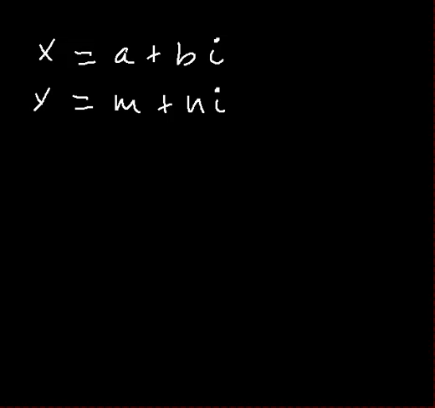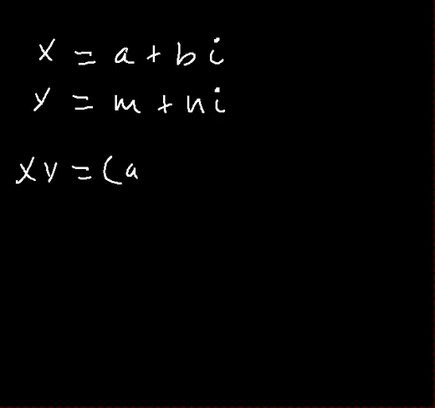Let's say we have a complex number x, which is given as a plus bi, and a complex number y, which is given as m plus ni. The product of these two complex numbers is xy, and what would that be?